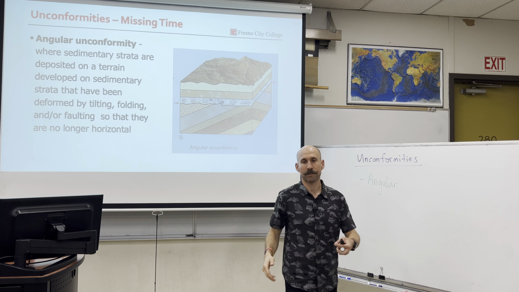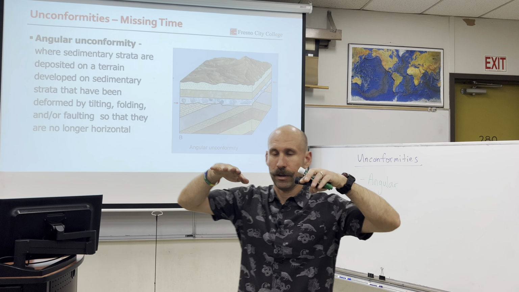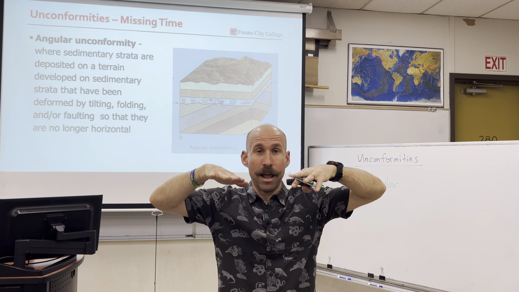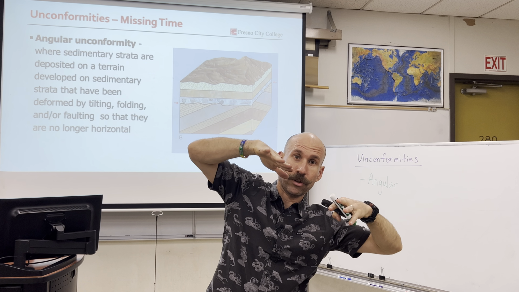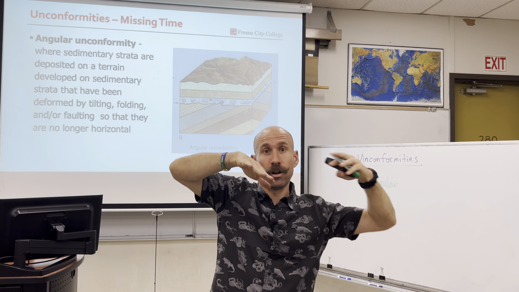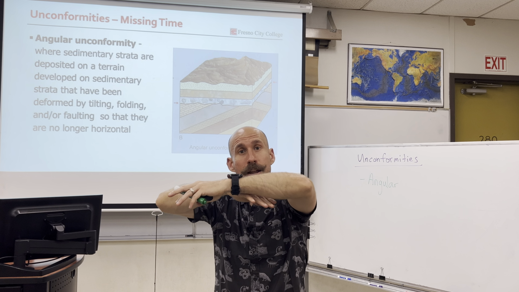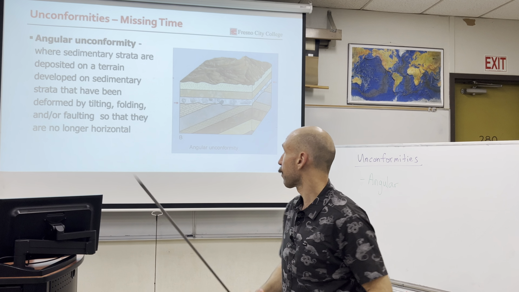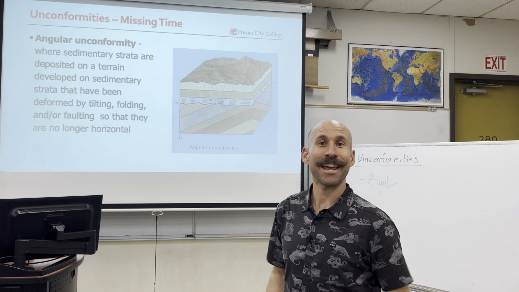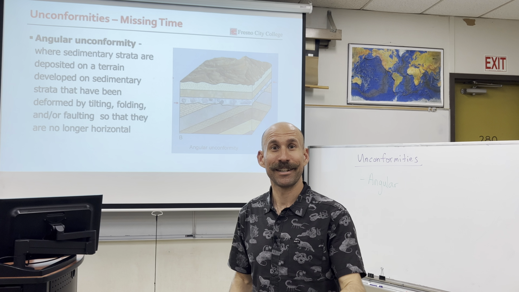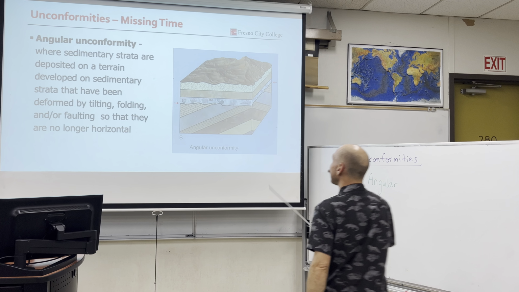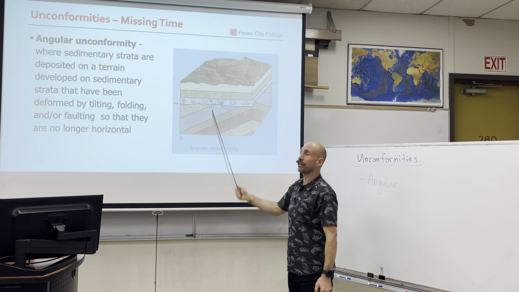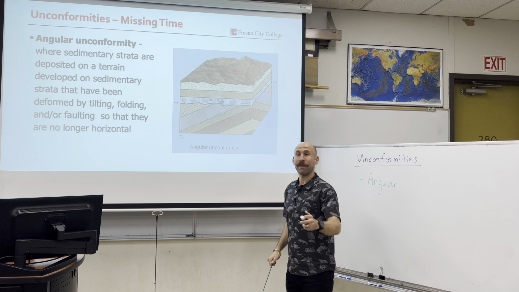So that means original horizontality says rocks are laid down flat, and then geologic forces tilt those rocks, and then erosion occurs, and then more sedimentary rocks are laid down. So, okay, looking at or seeing an angular unconformity allows the observer to get an idea of the geological history that was going on, except for what happened during the erosion. That's a time gap where we have no idea.